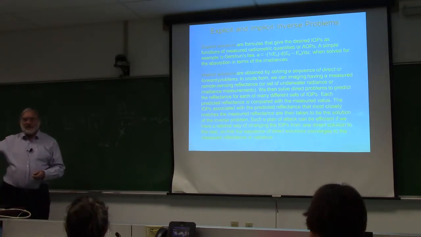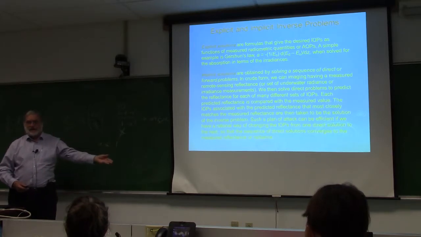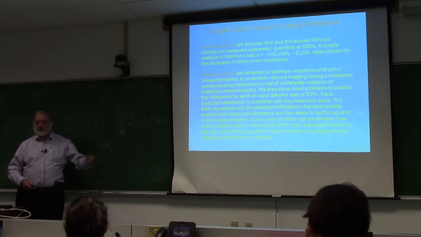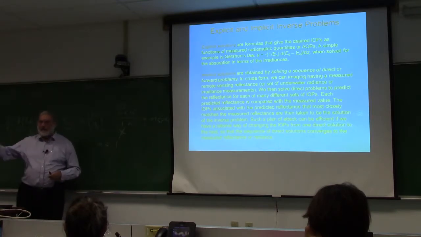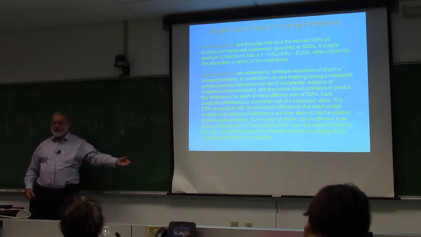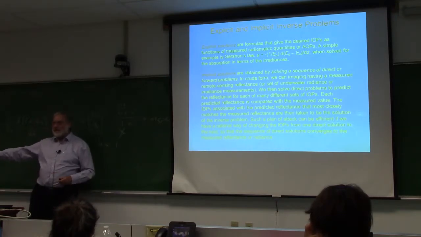Well, then you change the inputs and you run the forward model again. You get a new prediction for remote sensing reflectance, and maybe that's closer to the one you measured. And you keep cycling through this, maybe thousands of times, maybe 3 times. And eventually you'll find a set of inputs like IOPs that reproduce what you measured, say remote sensing reflectance. And then you say, okay, this must have been the IOPs that were in nature.